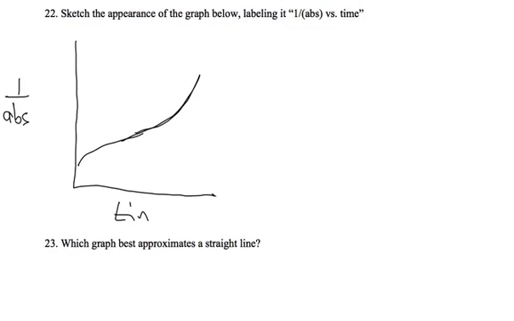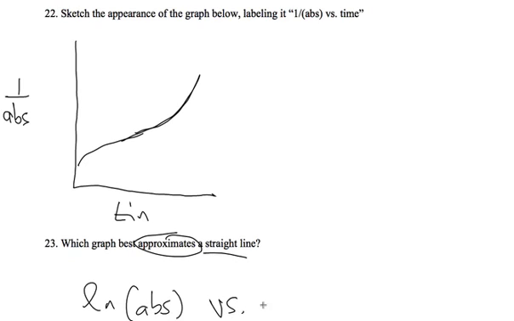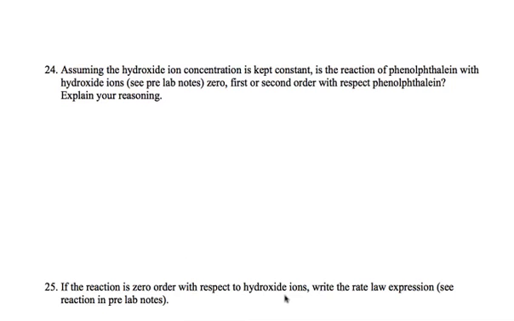So that tells us a lot. Which graph best approximates the straight line? It was the natural log of the absorbance versus time. So, assuming the hydroxide ion concentration is kept constant, is the reaction of phenolphthalein with hydroxide ions zero, first, or second order?